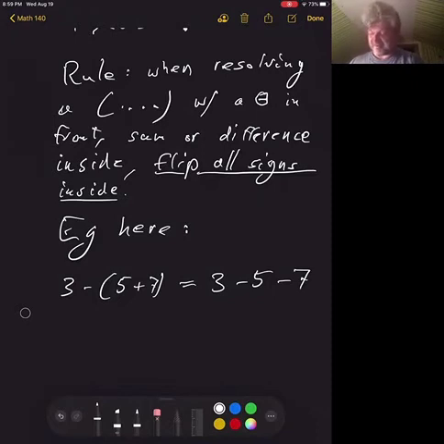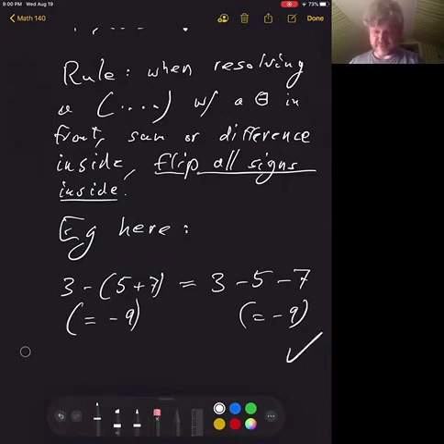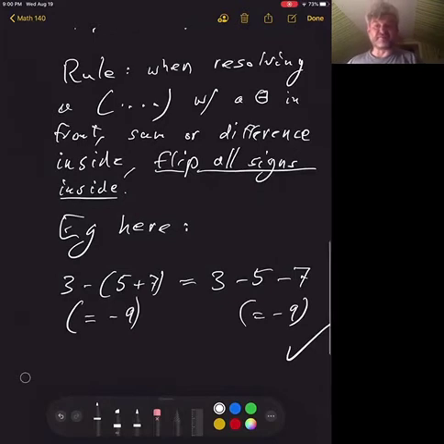Both of these are equal to -9. Check. It works. It also works if there's more than just two things being added or subtracted inside the parentheses.